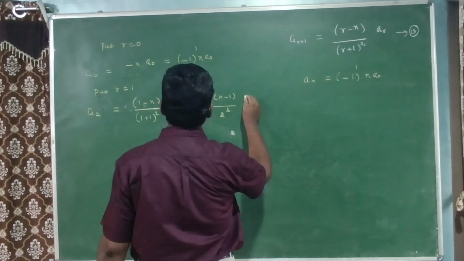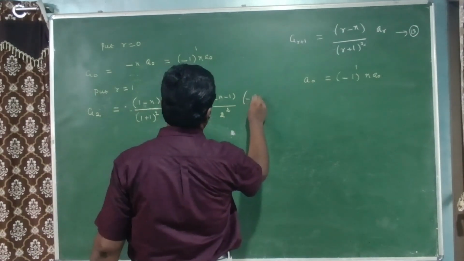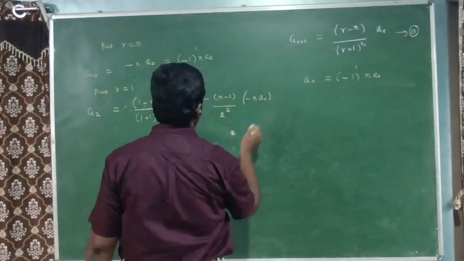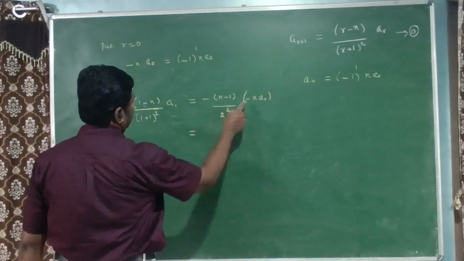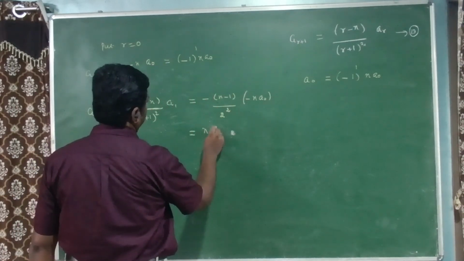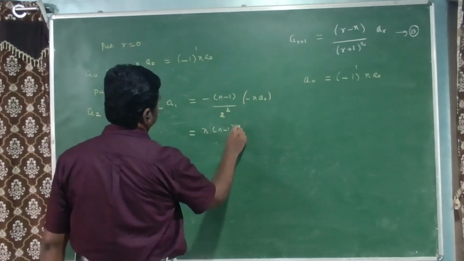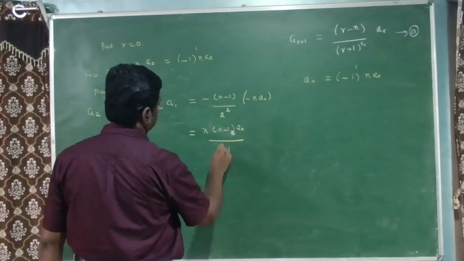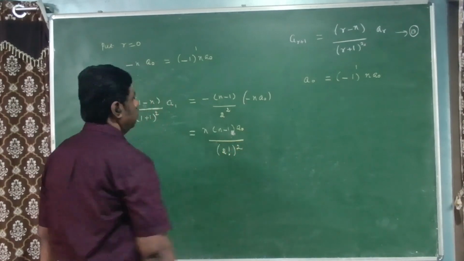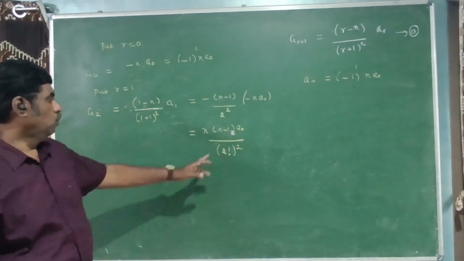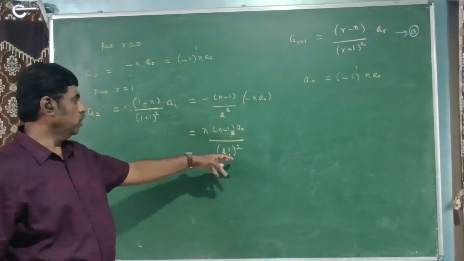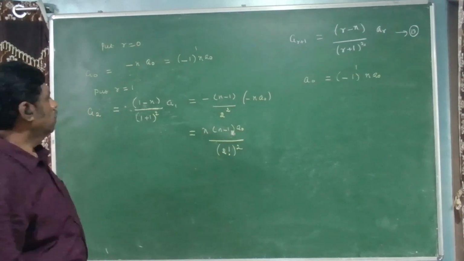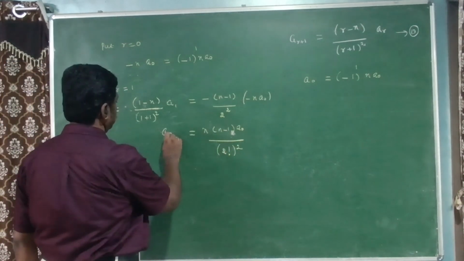The value of a1 is minus n a0, so minus into minus is plus, so n into n minus 1 a0 divided by 2 factorial square. You know that 2 square is 4, 2 factorial is 2, 2 factorial square is also 4. This is the value of a2.